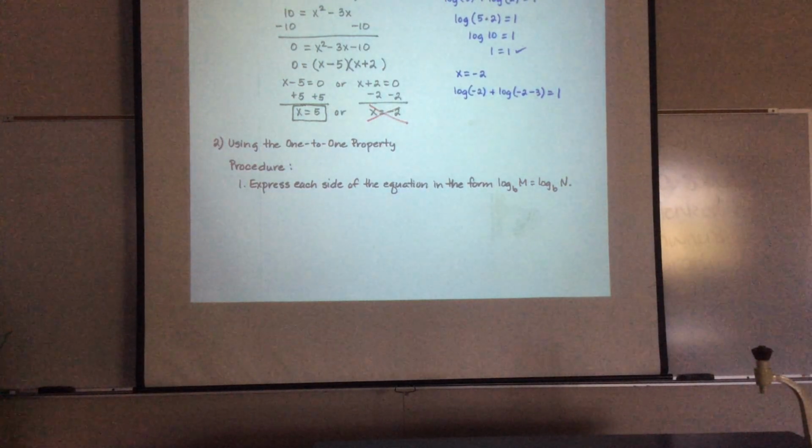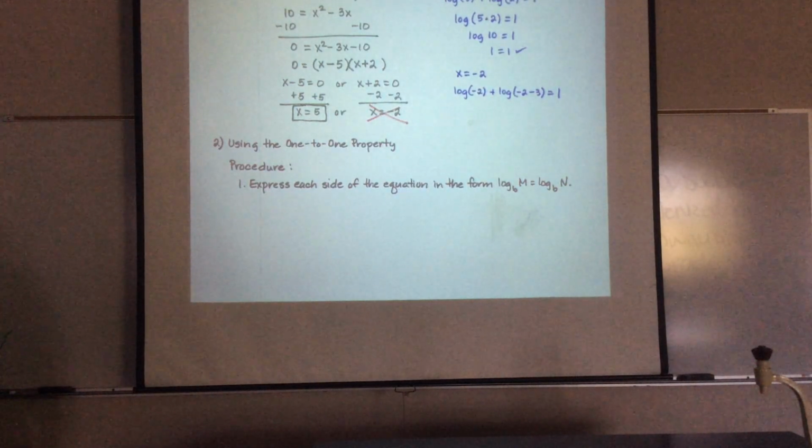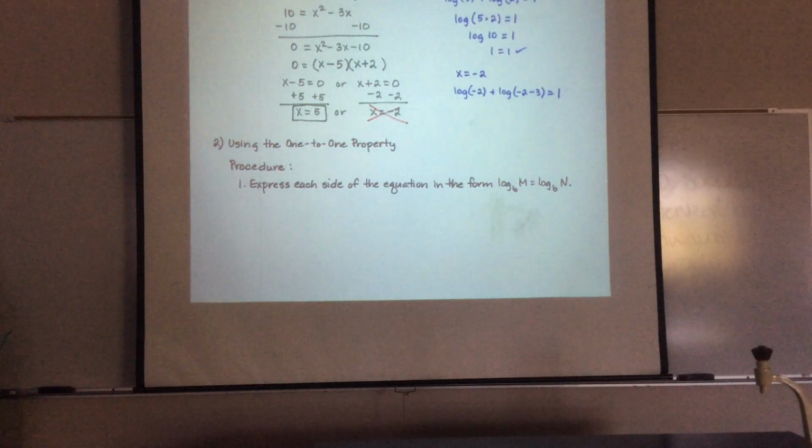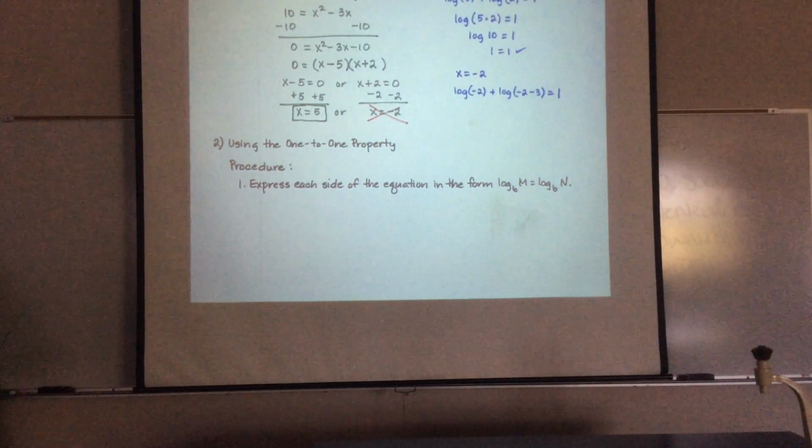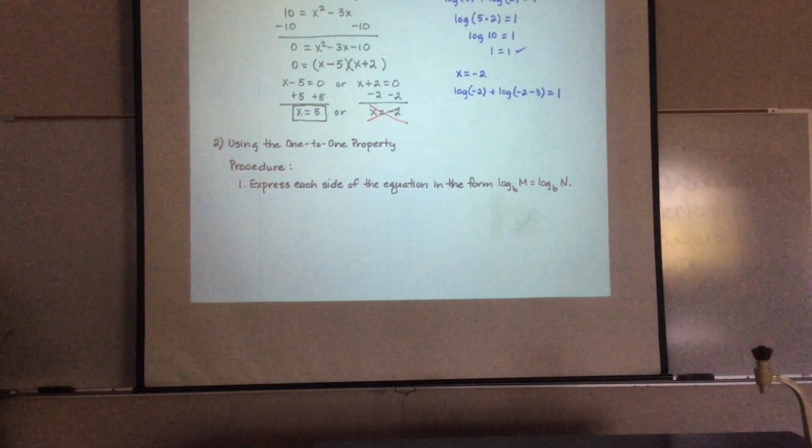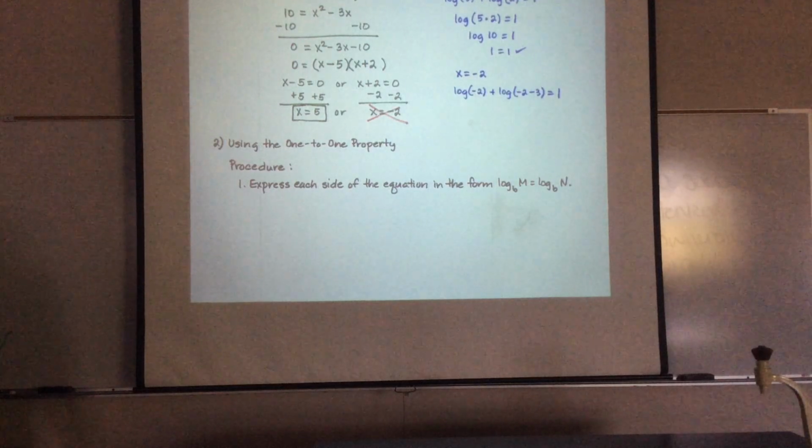Okay? On both sides or on one side of the equation, you may have to condense using either the product rule or the quotient rule or the power rule before you start this off.